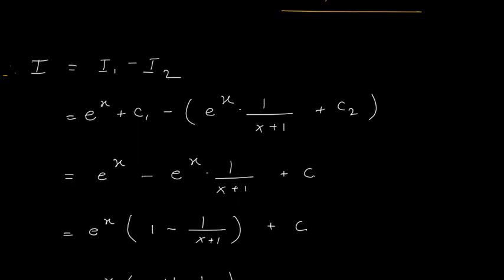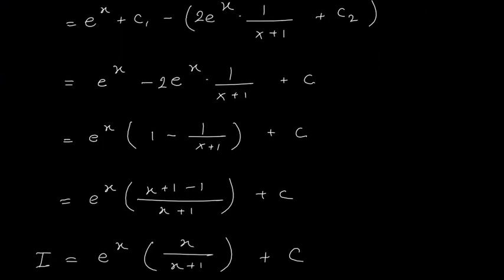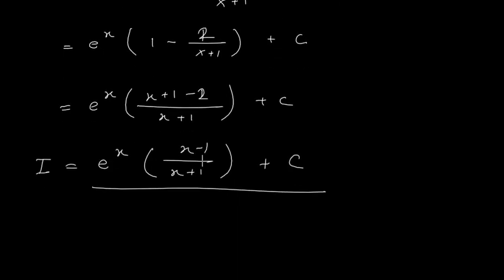So this is 2 times, so let us multiply it with 2. In place of 1 I will get 2 and this is minus 2. So 1 minus 2 is minus 1. So this is x minus 1 upon x plus 1. So I is equal to e power x into (x minus 1) upon (x plus 1) plus c is your final answer.